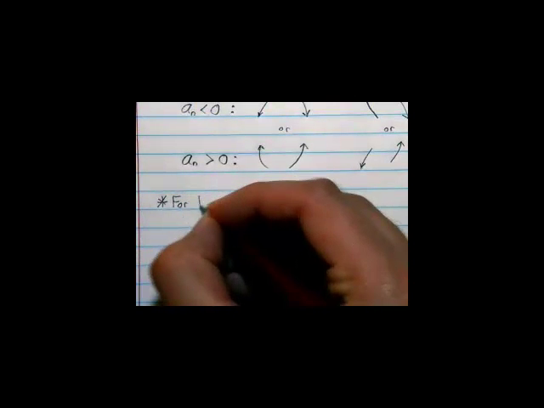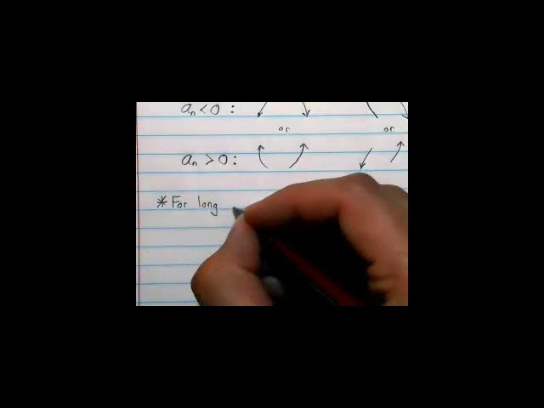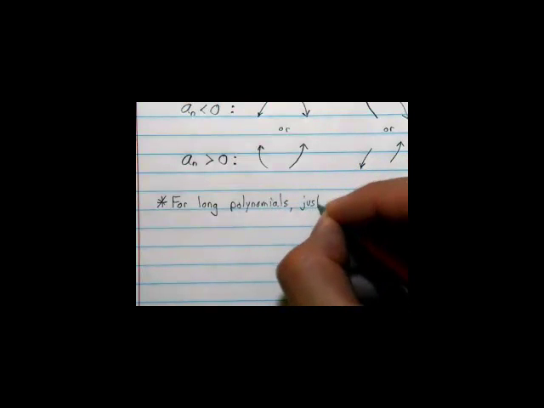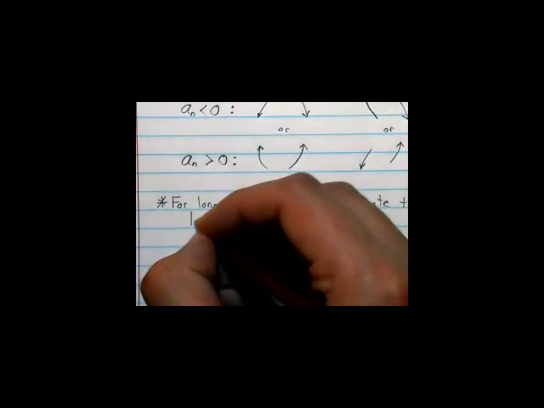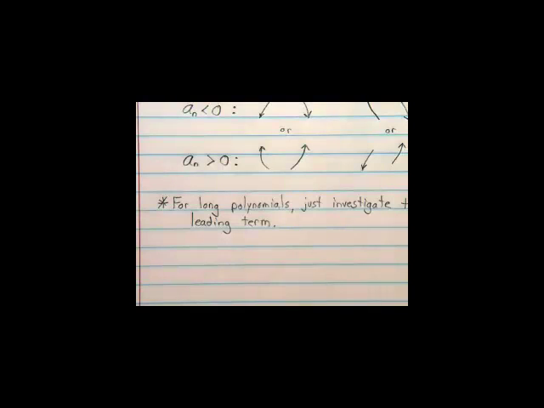So just so you don't get bogged down, for long polynomials, just investigate the first term, or the leading term, I guess, technically is what it's called. All of that stuff is there. The leading coefficient being positive or negative, the degree, whatever that is, it's all there.